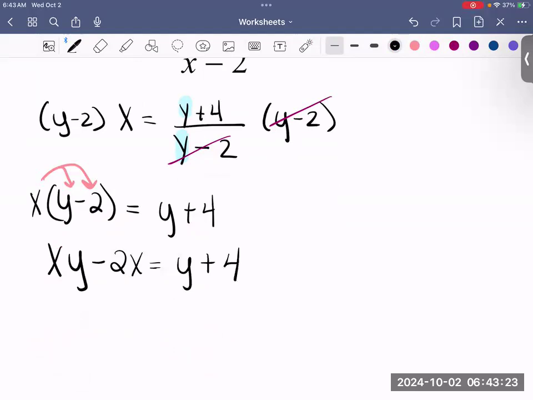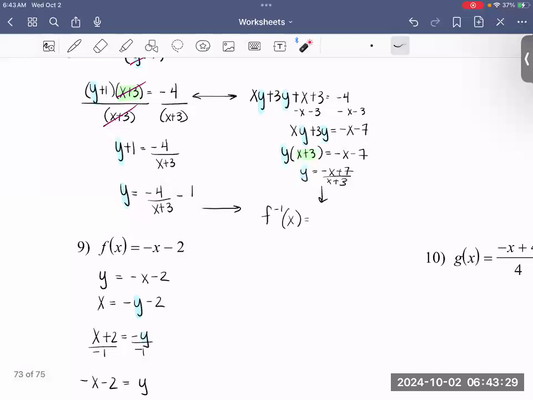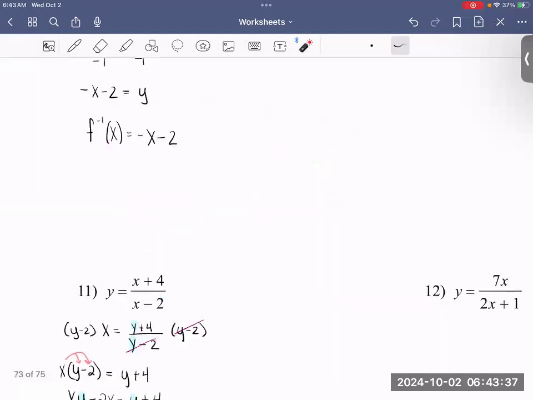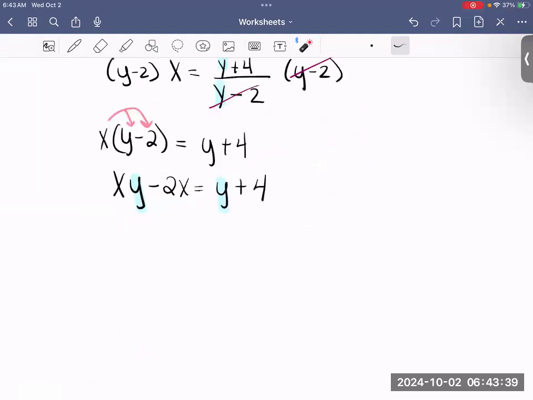Now that you have two y values, we're going to do what we did up here and try and get them alone to one side. Then we're going to factor it out and divide by the leftovers. So over here, it doesn't matter which side you bring your y's to. I'm going to choose to bring my y over here, my 2x over here.